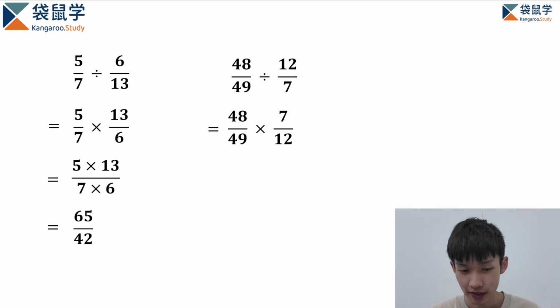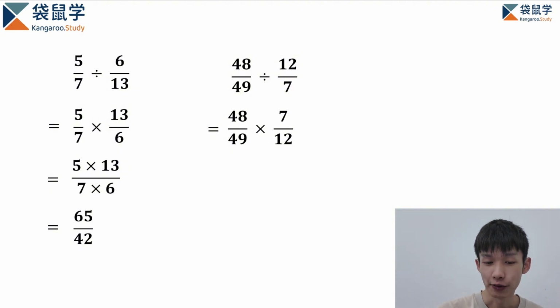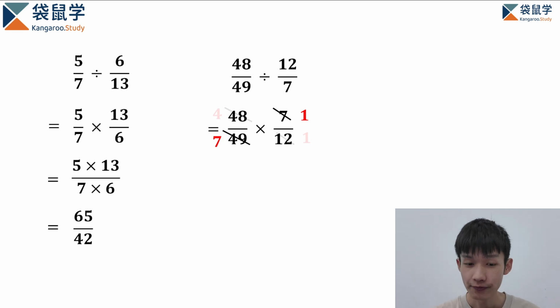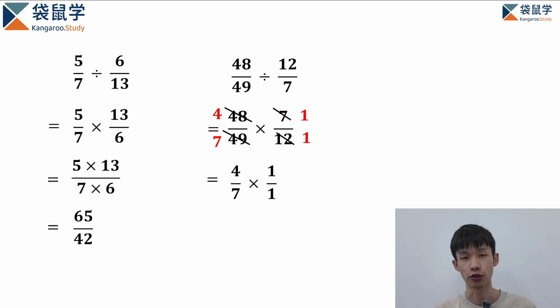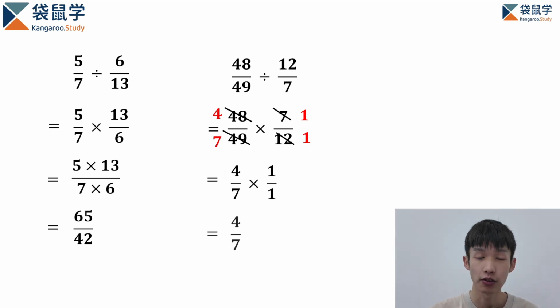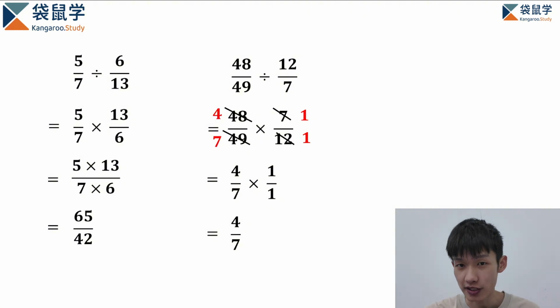What can we simplify? 49 and 7, we can simplify with 7 and get 7 and 1. And also 48 and 12, we simplify with 12 and get 4 and 1. So we're left with just 4 over 7 times 1, and eventually 4 over 7. That's it. But very importantly, we cannot simplify at the very beginning because that is a division. We need to change it into multiplication first.